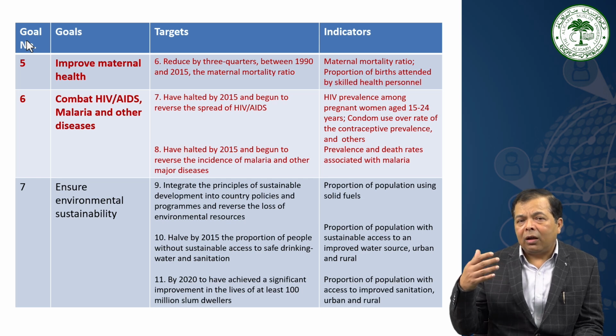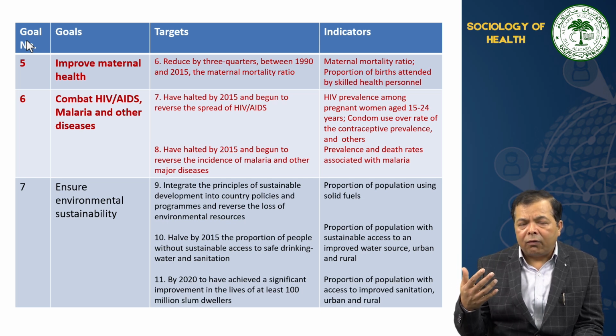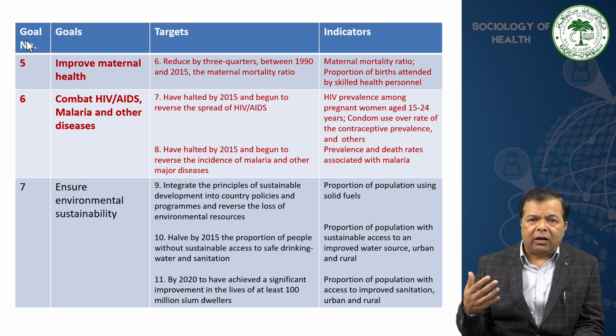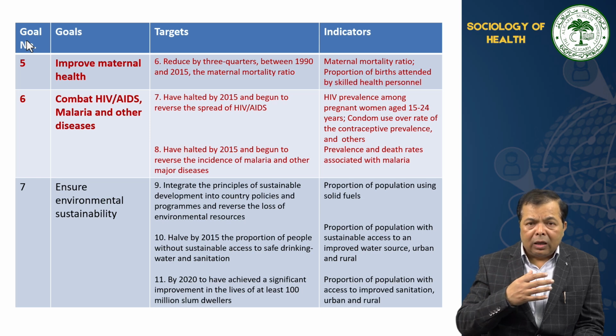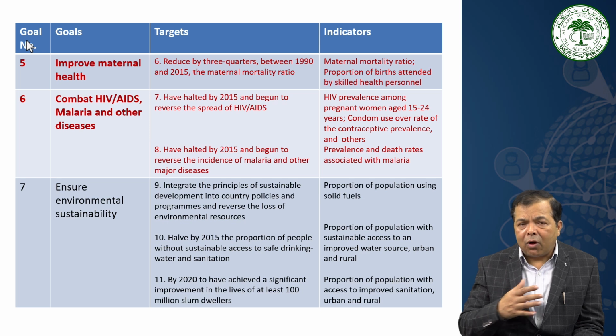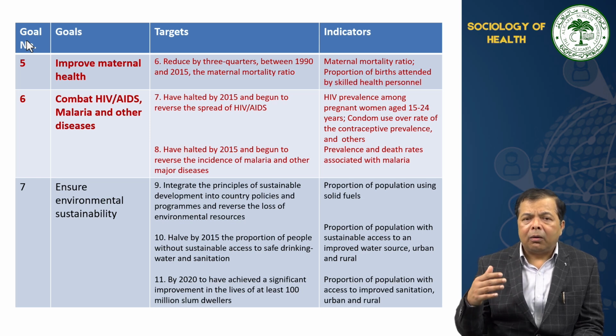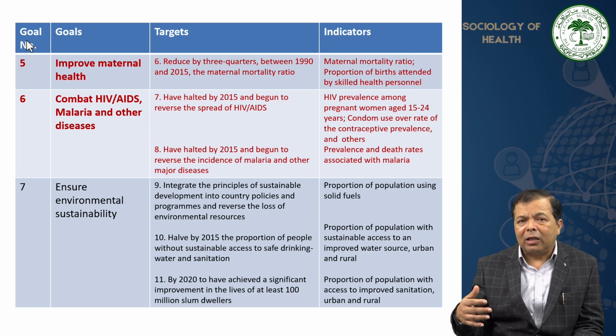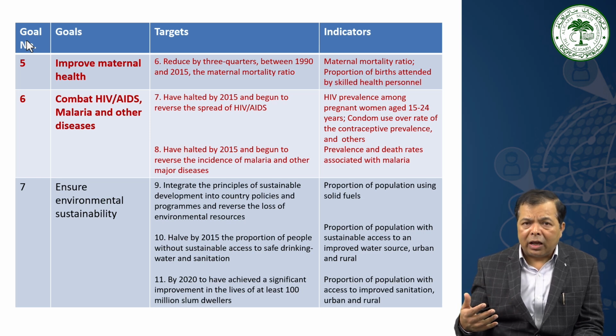Because in the trajectory of economic growth during the phases of industrialization, the nation states very mindlessly exploited the natural resources: deforestation, desettlement, and exploitation of natural resources through mining and whatnot, right?